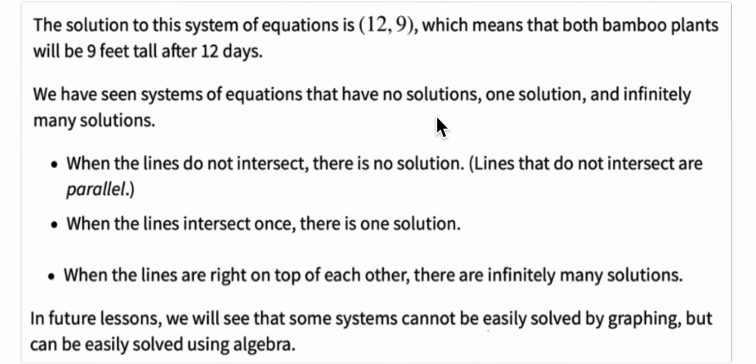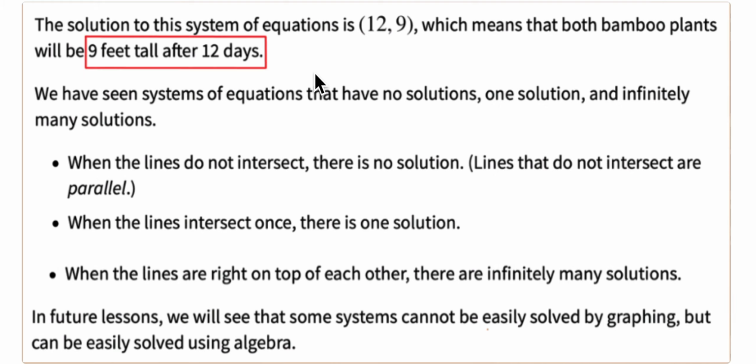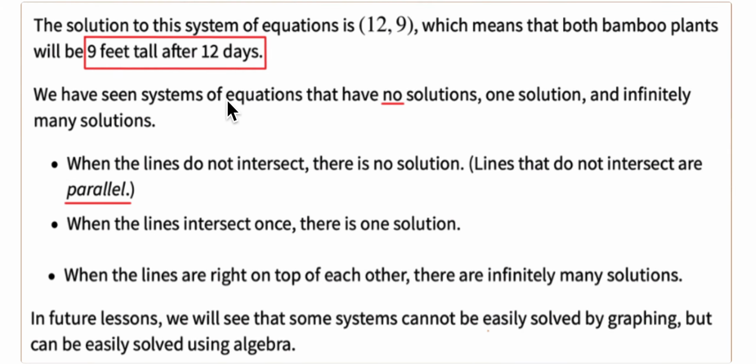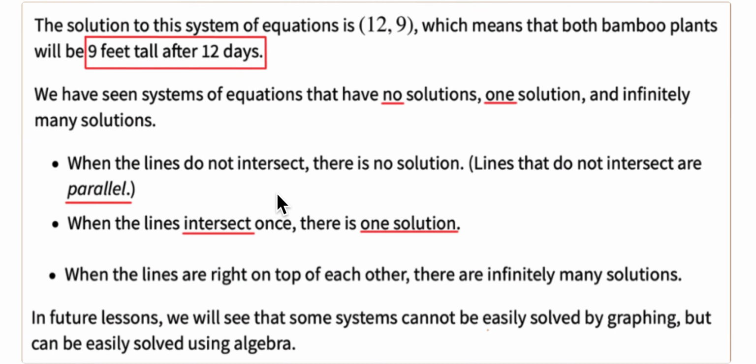So you're going to see 3 different types of systems of equations. So in this example, we had two plants that after 12 days were both 9 feet tall. In some cases, you're going to have a system where there are no solutions, and that's when those two lines are going to be parallel. Two or more lines will be parallel, so there won't be any solutions. You have situations where you have just a single solution, and that's this example that we just looked at.